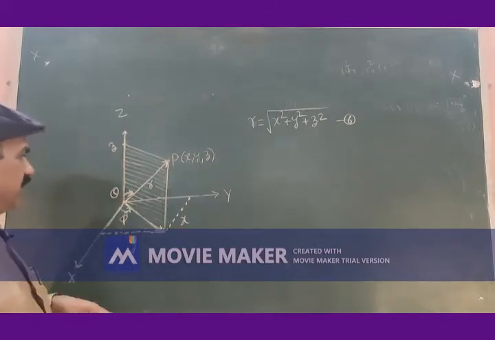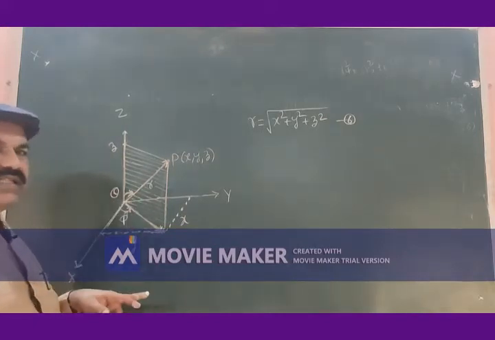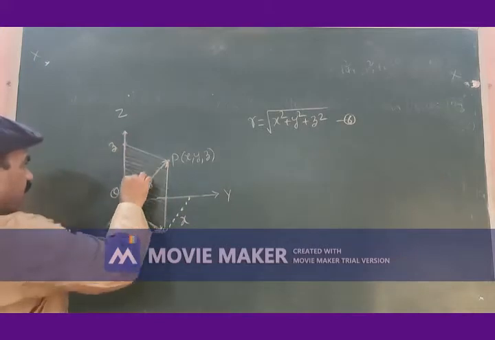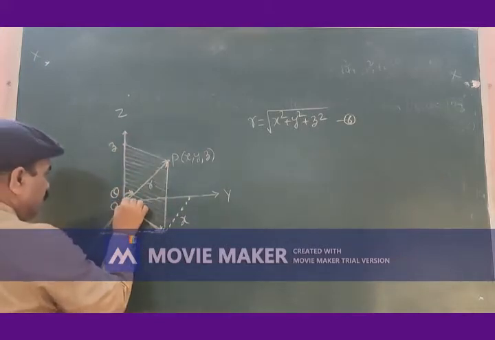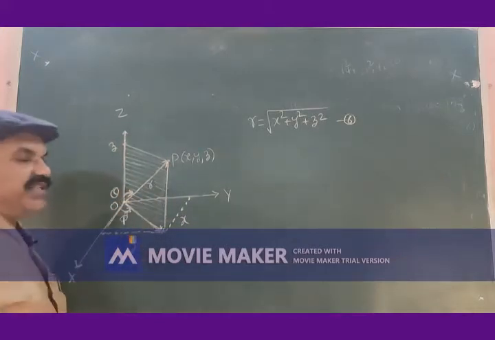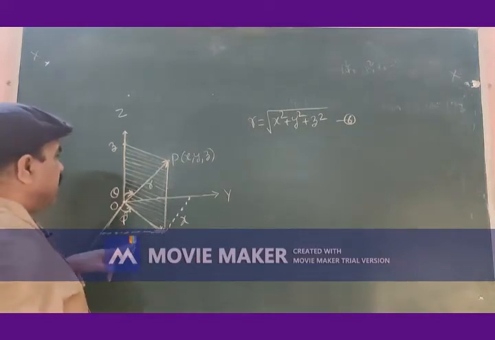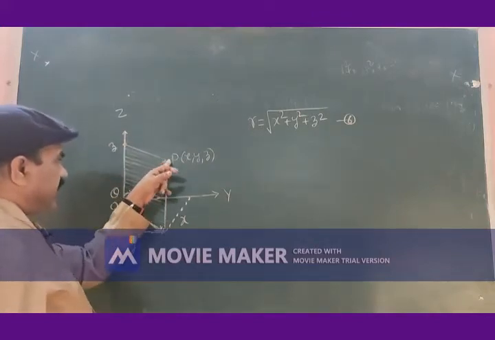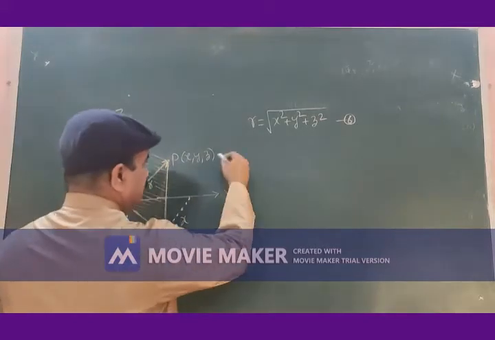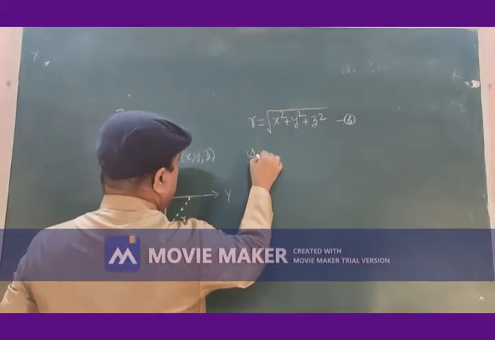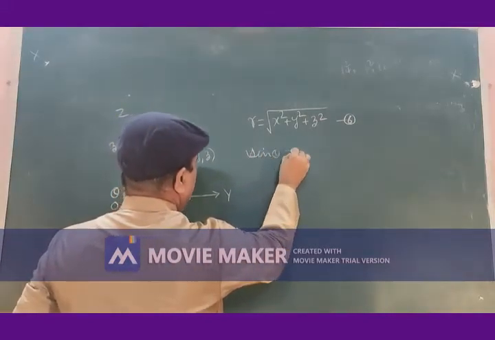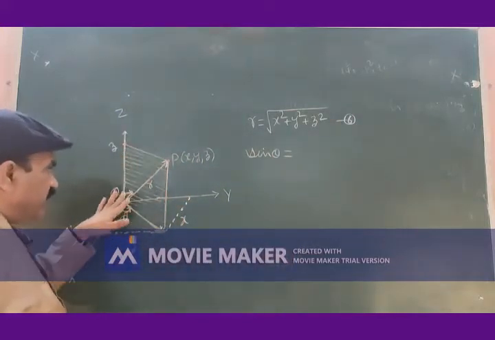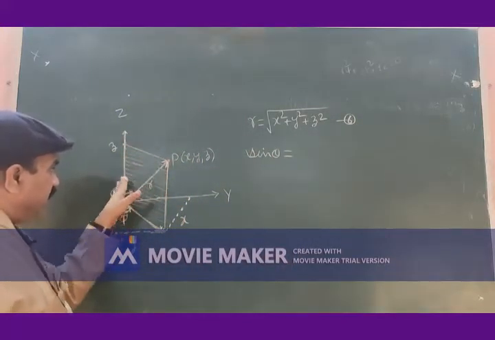Now, what will be sin theta? Sin theta will be the opposite side divided by the hypotenuse. So from the geometry of the figure, this will be the right angle triangle.